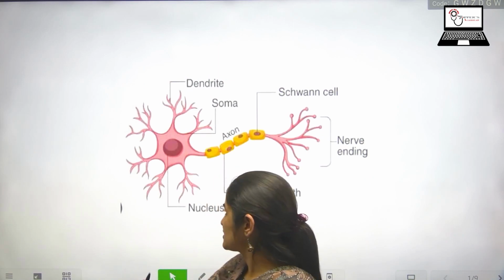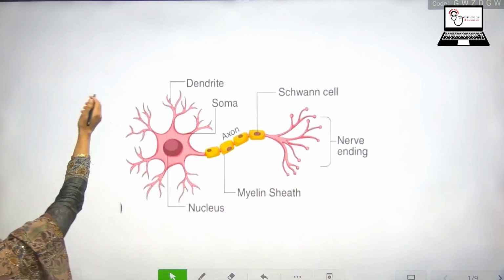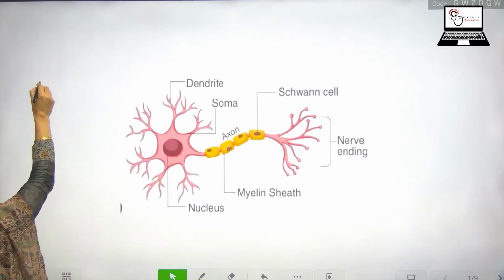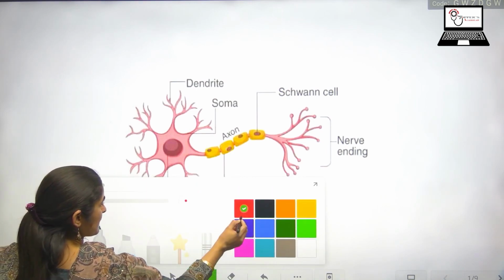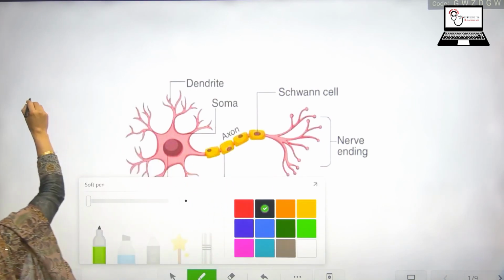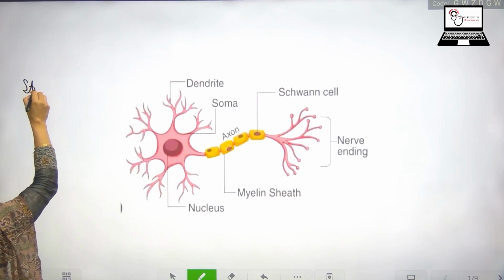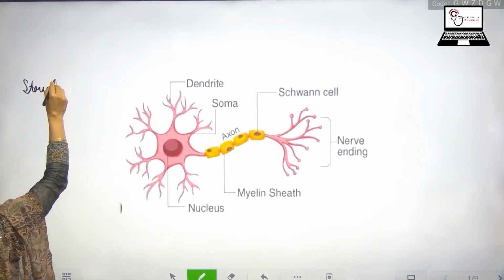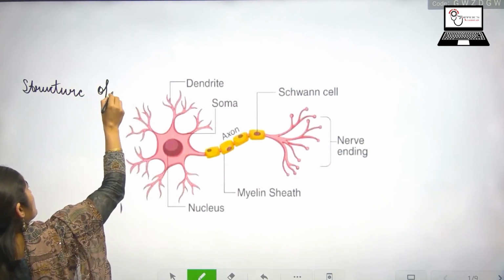So let us start the first topic, that is the structure of the neuron. See beta, this is the structure of a neuron.